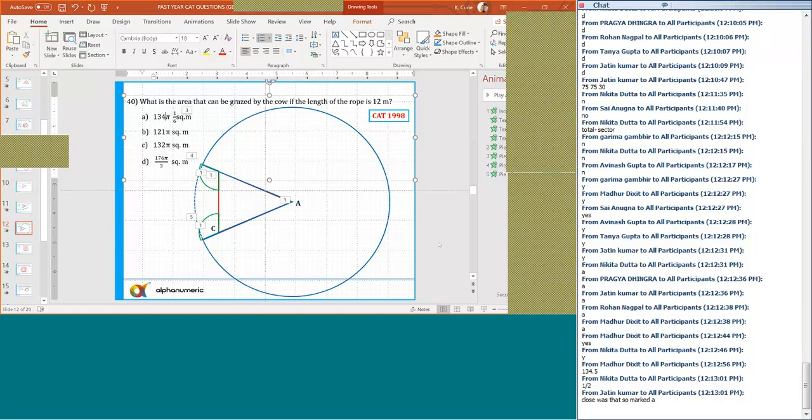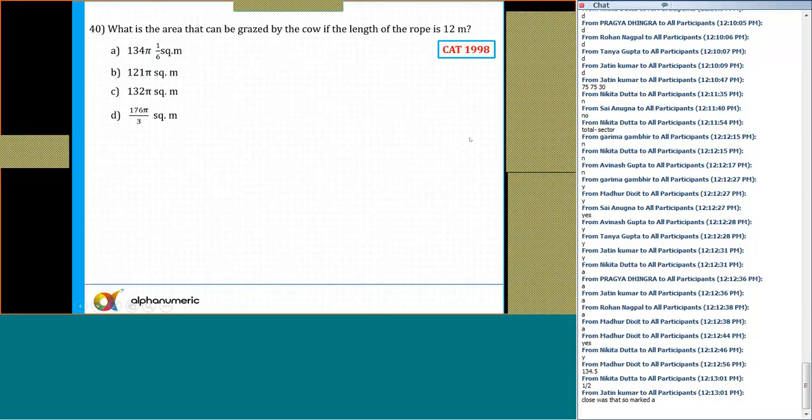This is the question. I think this option has been marked wrongly. No? Anyway, we can calculate here.